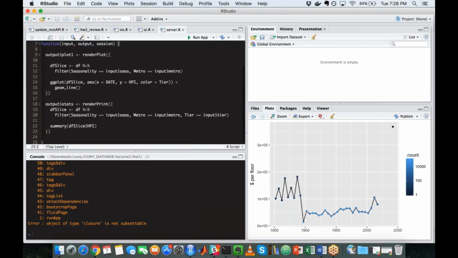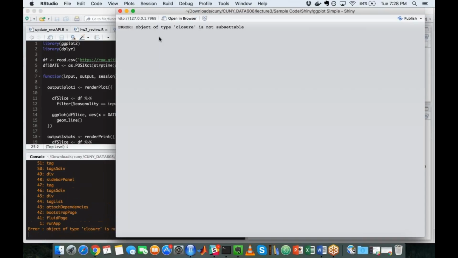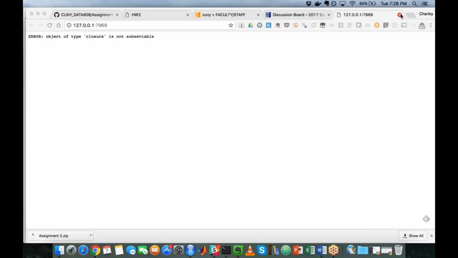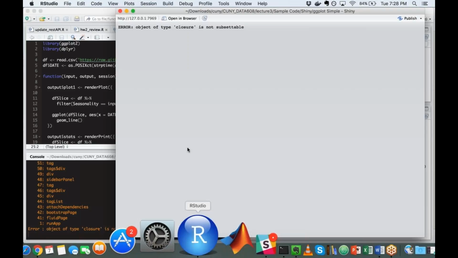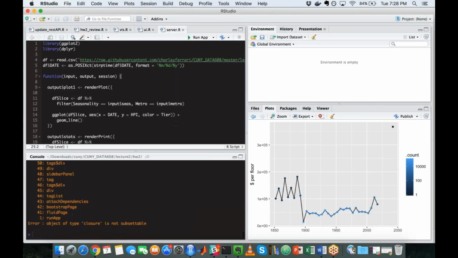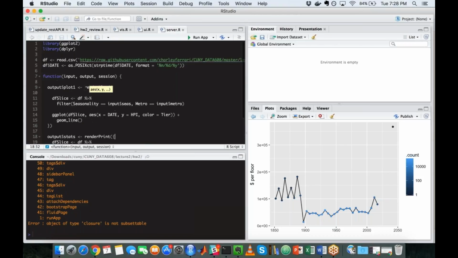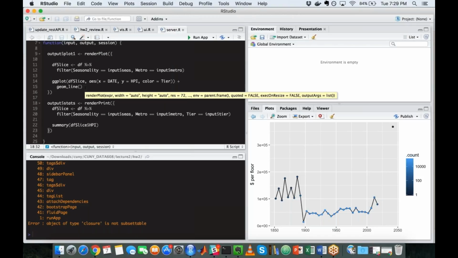My function's defined. Let's just try opening this up in the browser. No. Yeah, I've noticed this with the other packages, and this is just using ggplot though, so I don't know why this is giving me issues.